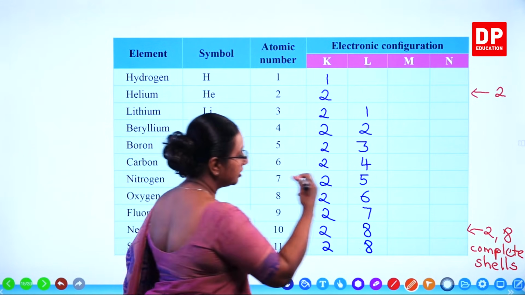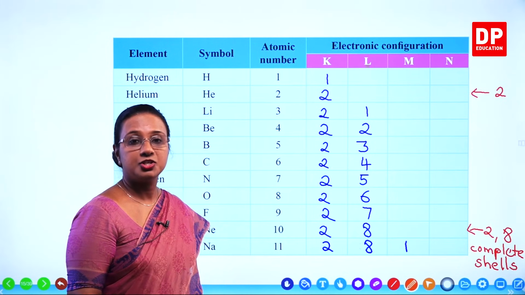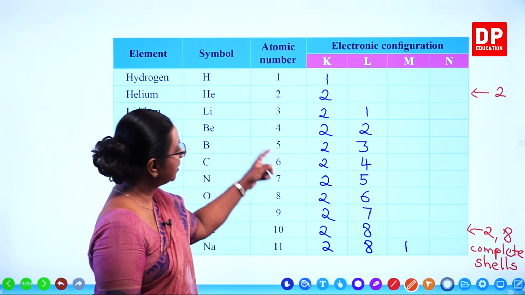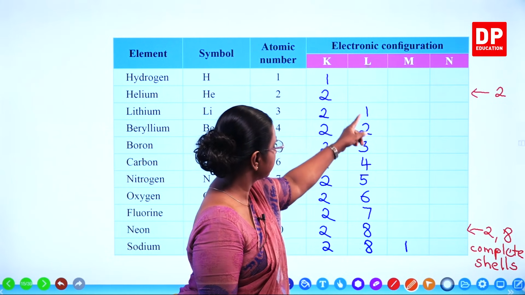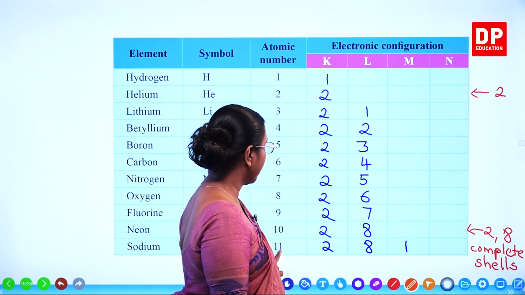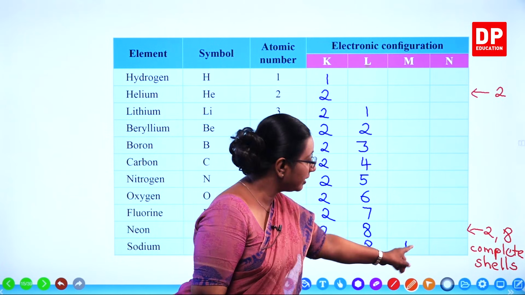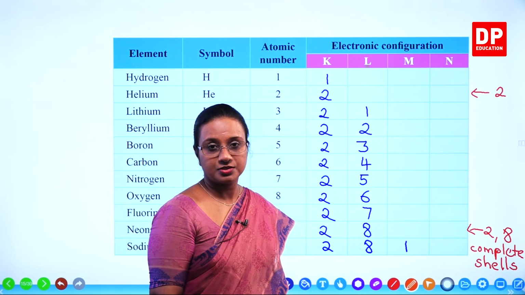So therefore, the next 1 electron goes into the third shell. So here you can see 1, 2, then the second energy level fills up, and when we come to sodium, the third energy level starts filling up with electrons.